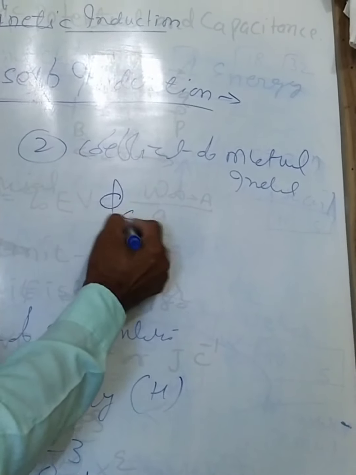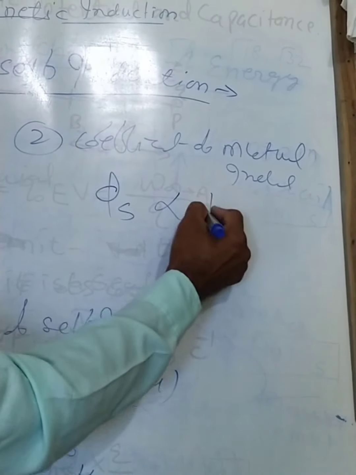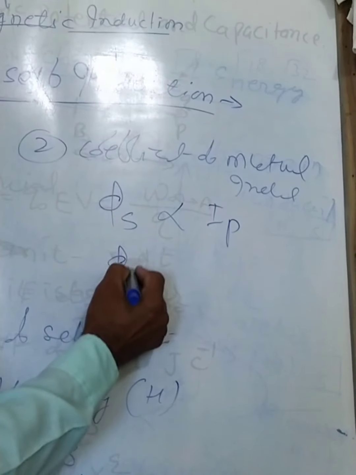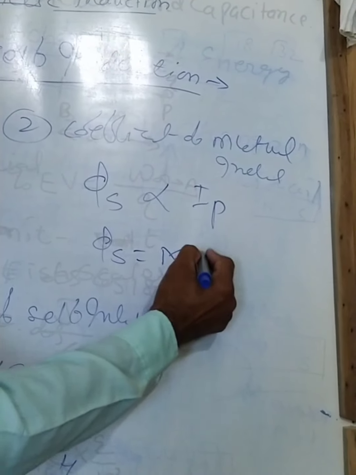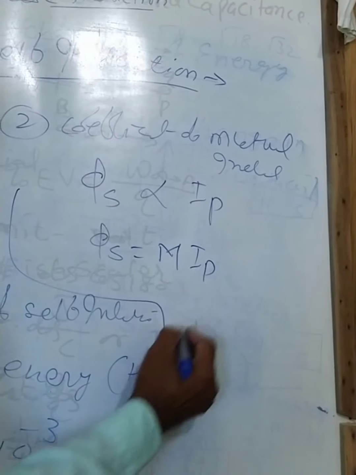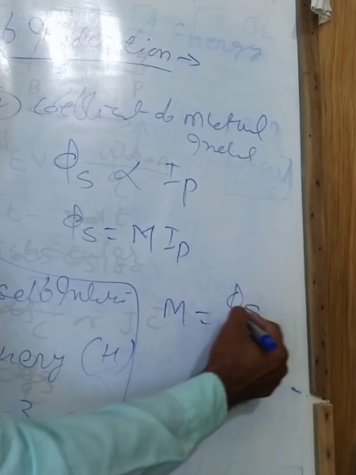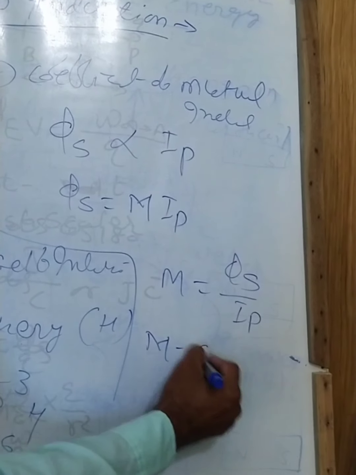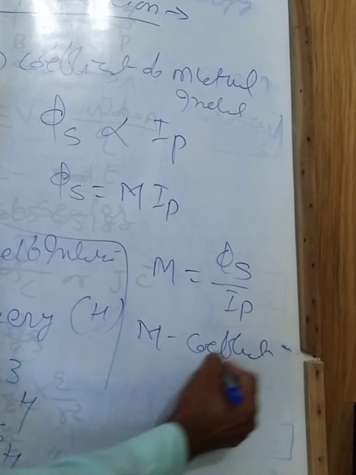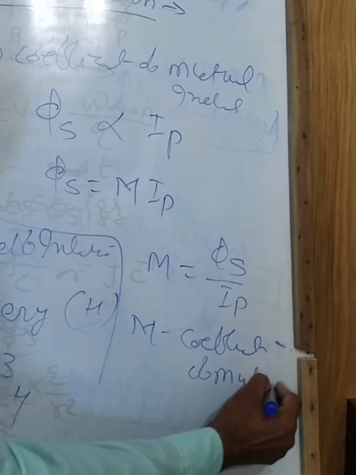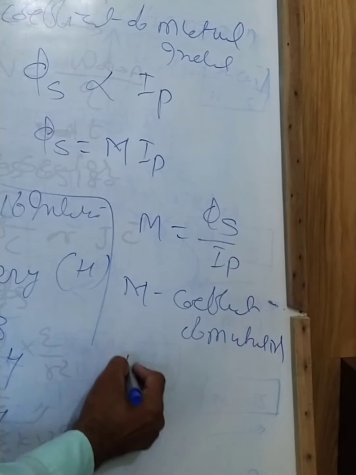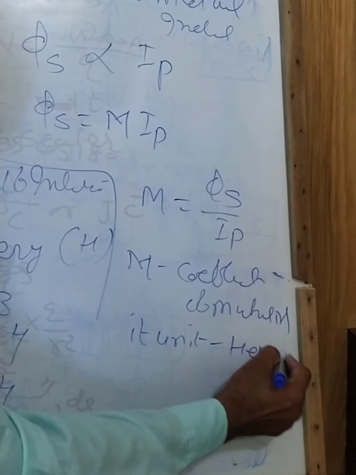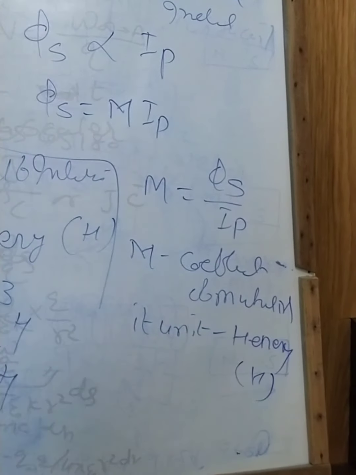The flux induced in the secondary is directly proportional to the current in the primary coil. If we remove the proportionality, there will be a coefficient, capital M. So M is equal to phi s upon I p, where M is called the coefficient of mutual induction, and its unit is also Henry, represented by capital H.